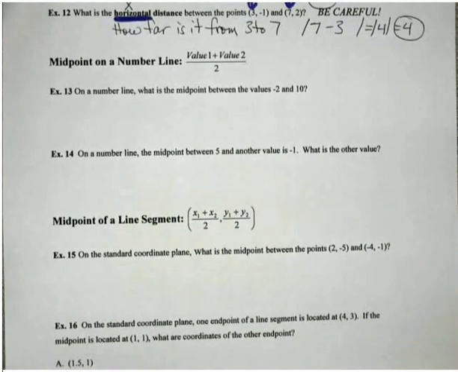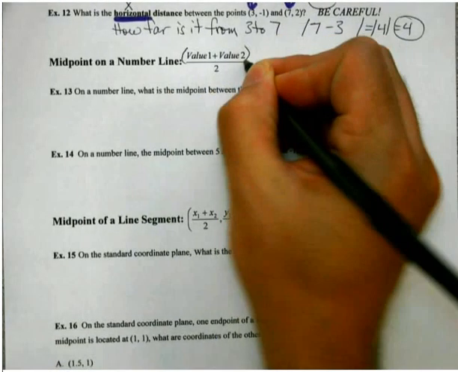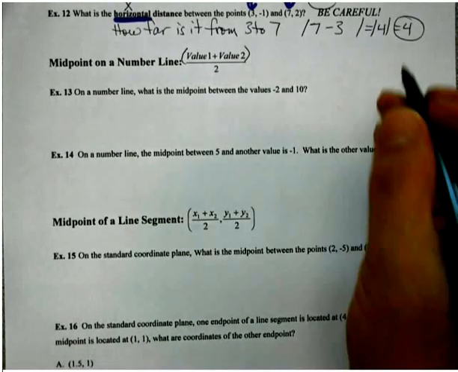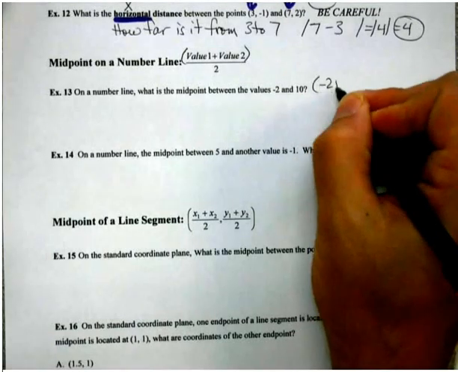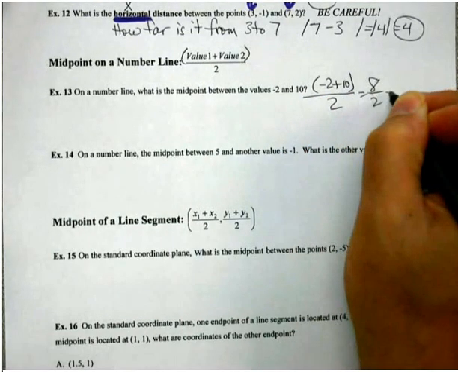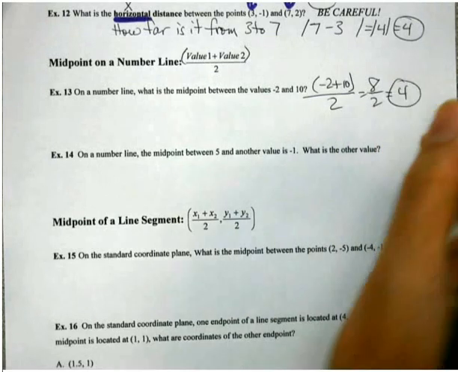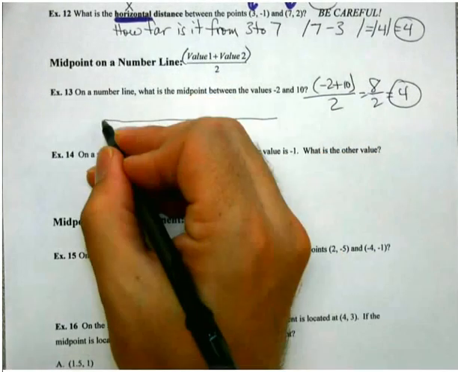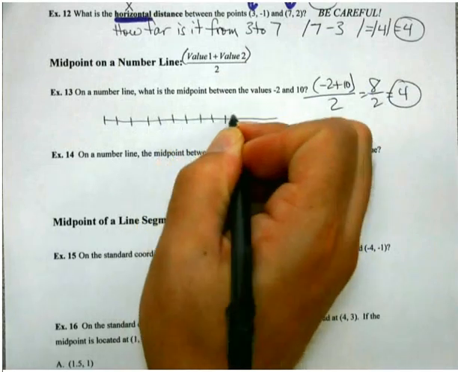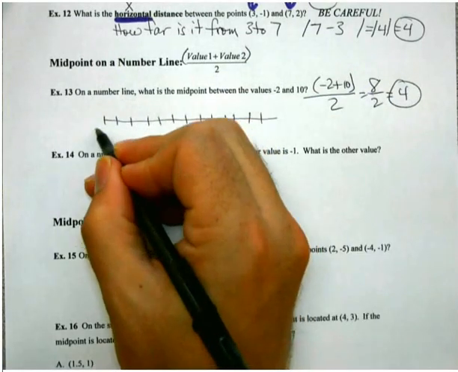Add up our values, divide by 2. And again, I'm going to put the parentheses around there because we want to make sure we add, in this case, before we divide. So, on a number line, what's the midpoint between -2 and 10? Okay, -2 plus 10 divided by 2. Work it out, get my answer. Again, if you're more of a visual person, here's -2.